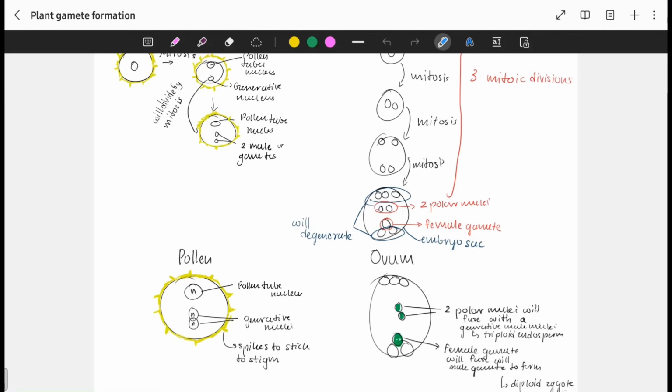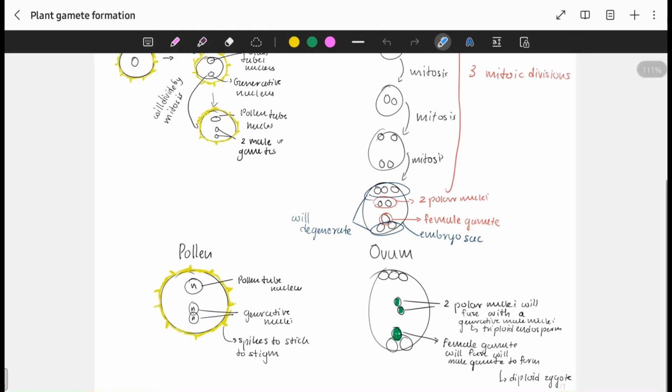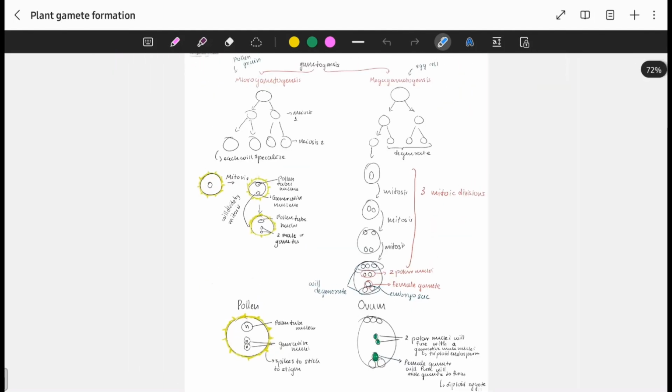The pollen tube is for fertilization, and after it's done with fertilization, the synergids degenerate. They create a path and guide the pollen tube to the egg cell, and when it reaches the egg cell, there will be fertilization. That's how they help in fertilization. After that, they're done with their role, so they degenerate. And that's all for plant gamete formation.